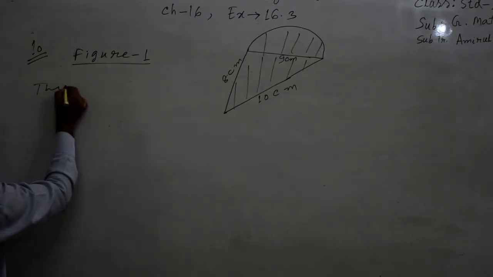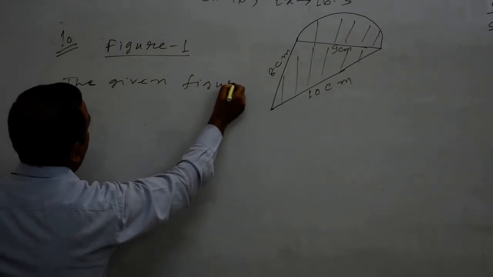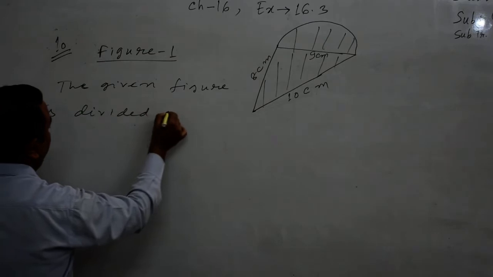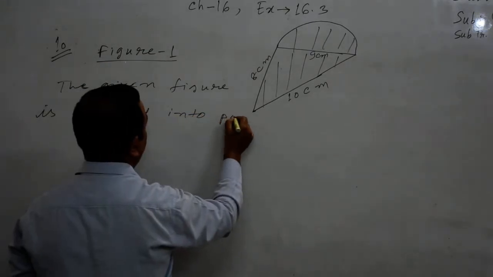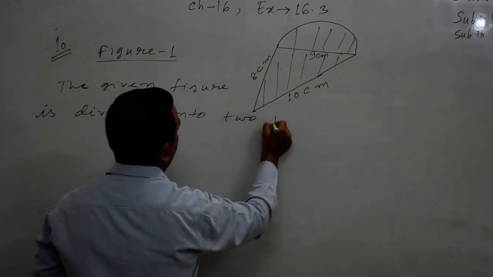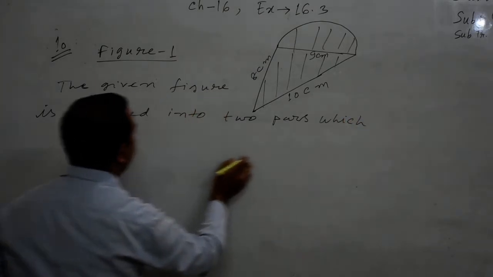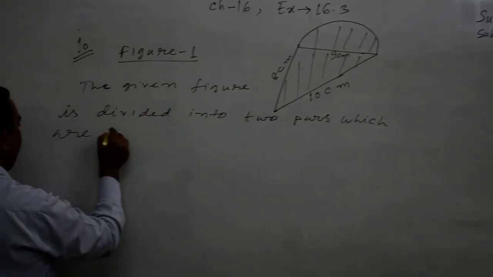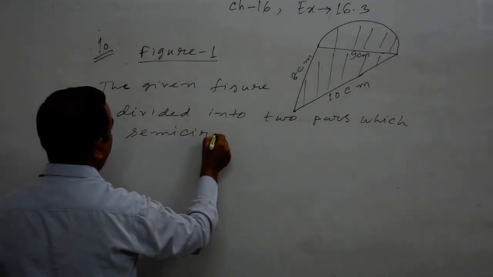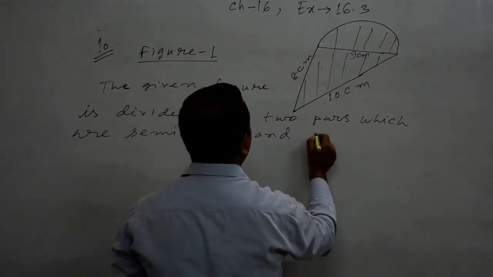The given figure is divided into two parts, which are semicircle and triangle.